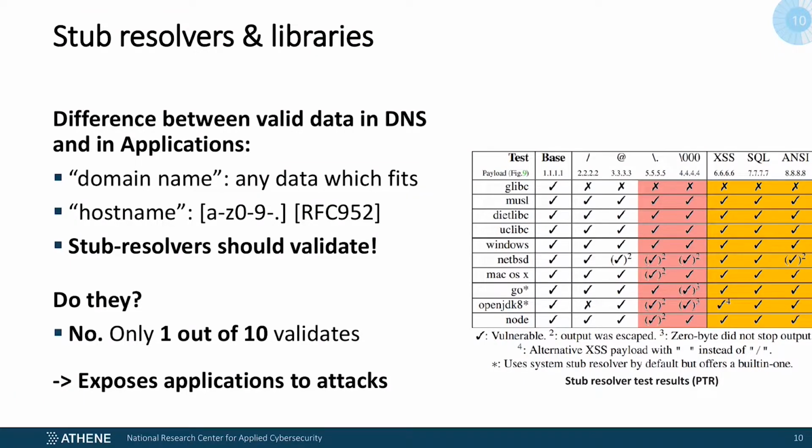And if we now look further down the component chain, as presented at the start, we will look at stub resolvers and the libraries. These are the components which translate the packets the host receives into a format which the application knows about.